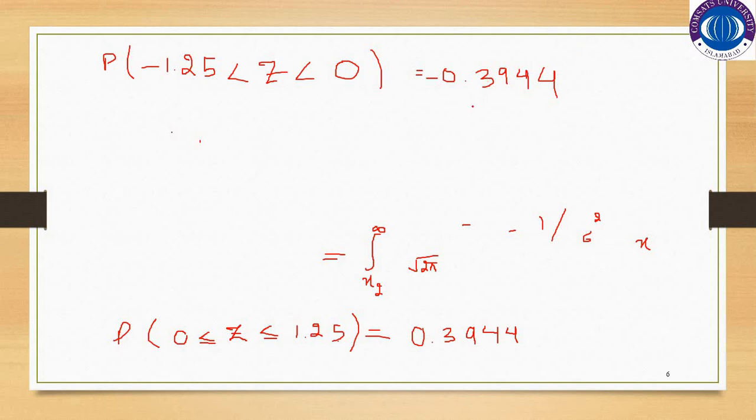It also cannot be negative. So don't make this mistake. Don't write negative here. Minus 1.25 and 1.25 have the same area from the mean. It doesn't mean that this value will also contain the negative sign. Both will be positive: 0.3944 and this will also be 0.3944.